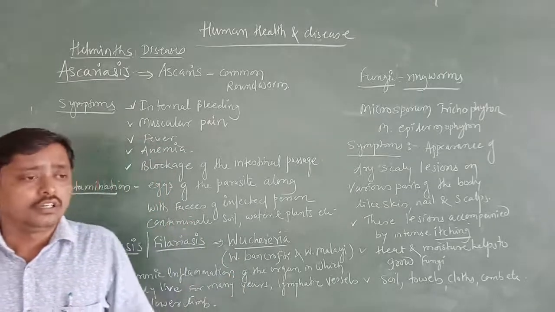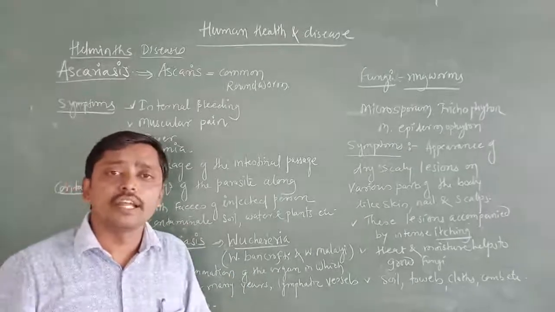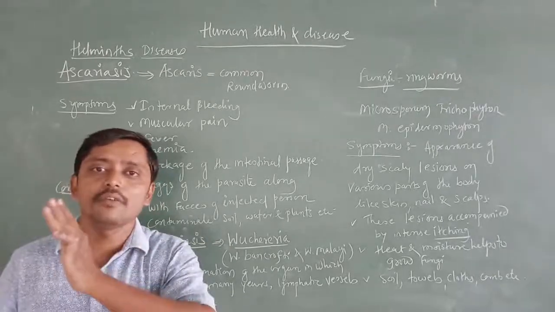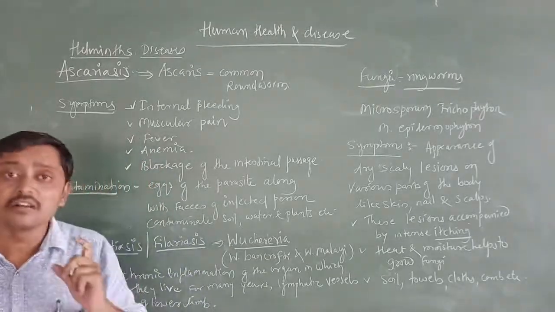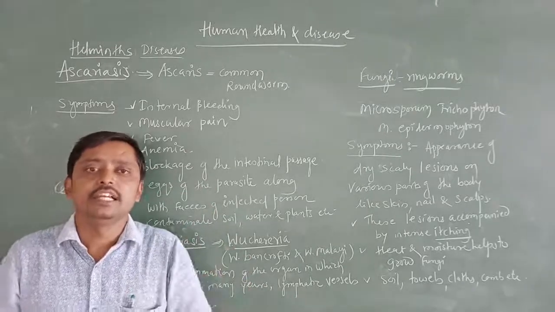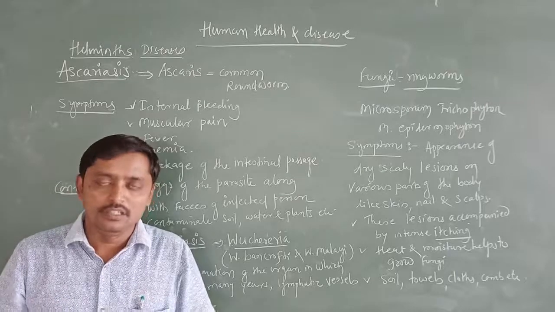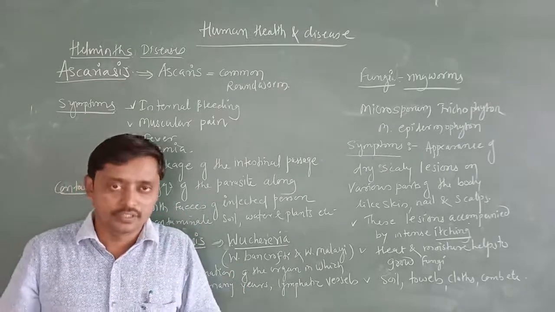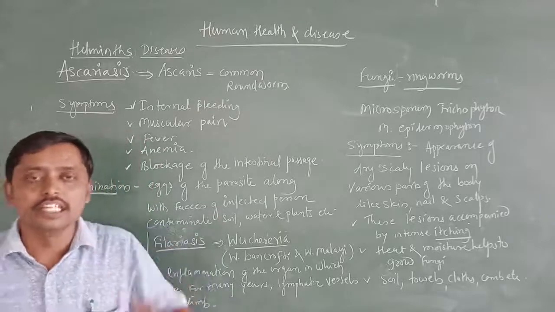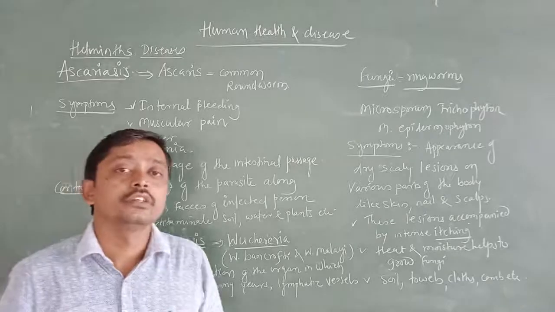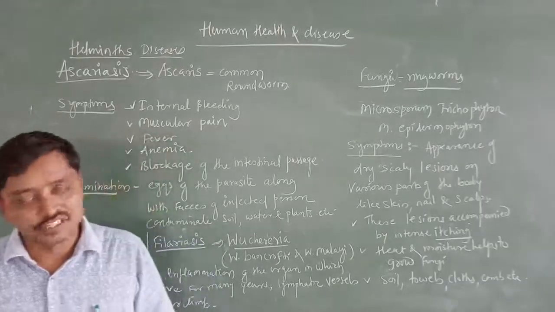The first preventive or control measure is maintaining personal and public hygiene. Personal hygiene in the sense we keep ourselves clean, and apart from that we consume clean water, clean food, clean vegetables, clean fruits, free from any contamination.